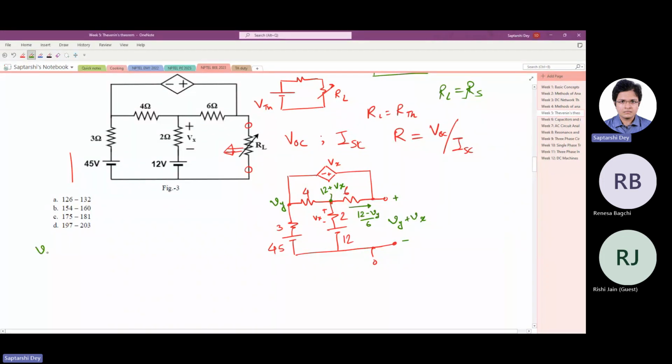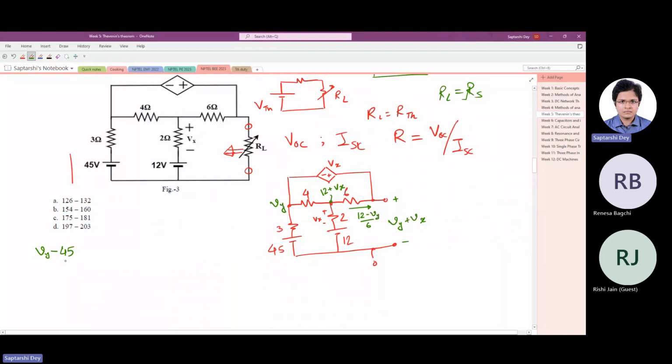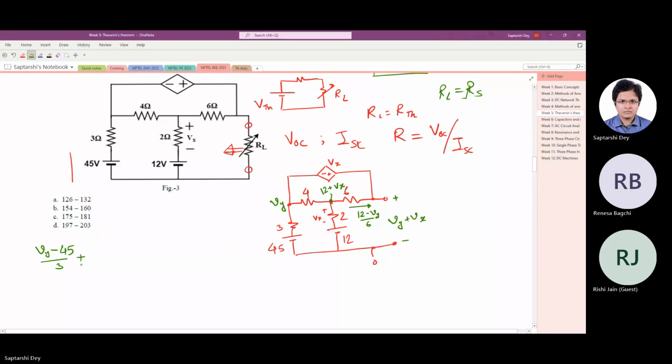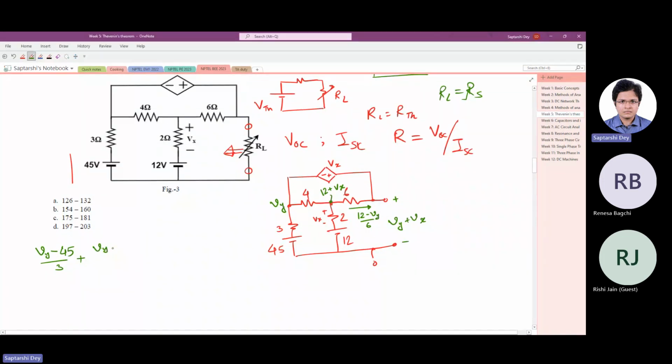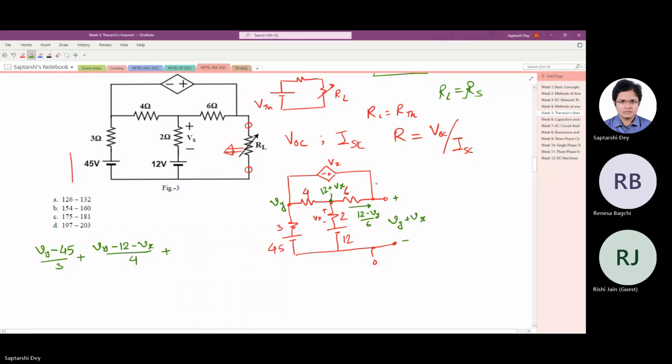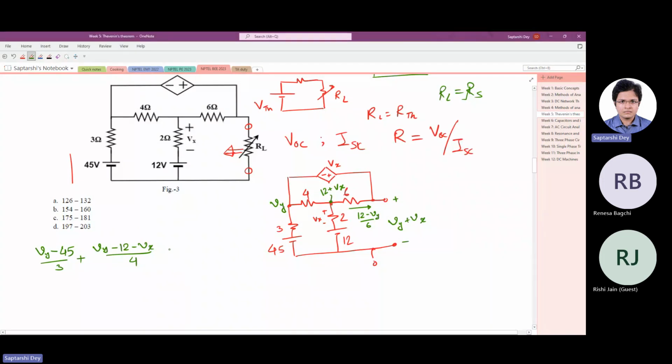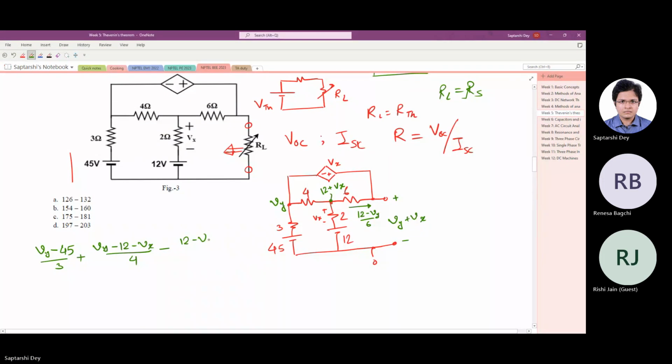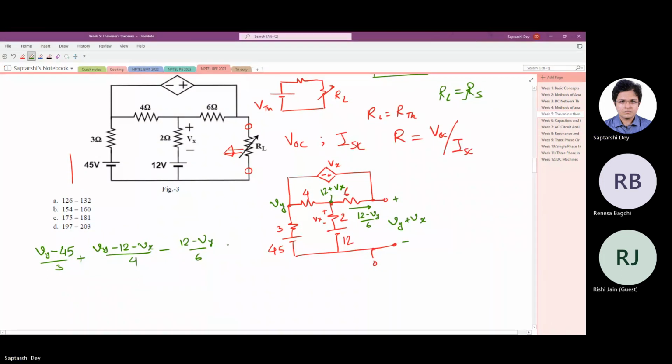So currents going out is Vy minus 45 by 3 plus Vy minus 12 minus Vx by 4 plus, see this 12 minus Vy by 6, the current that I wrote, that is coming in. We were finding currents going out, so we have to write minus 12 minus Vy by 6 equals 0.